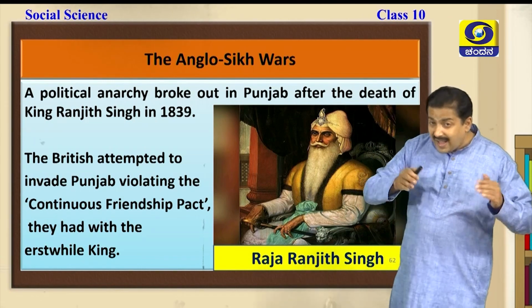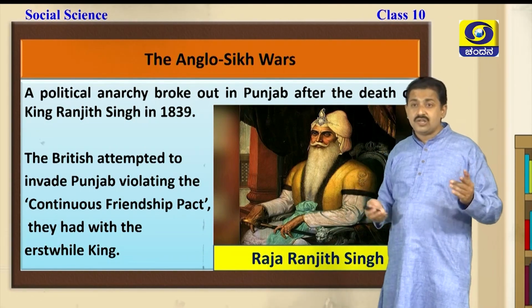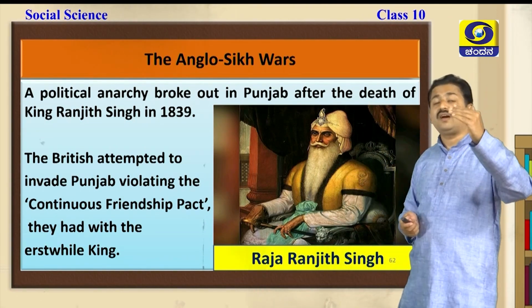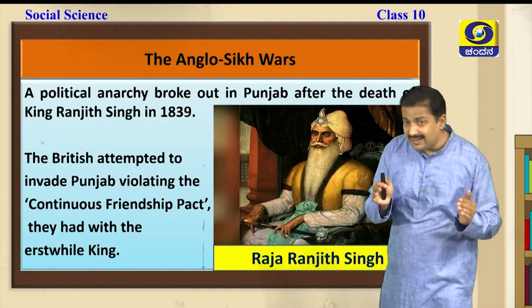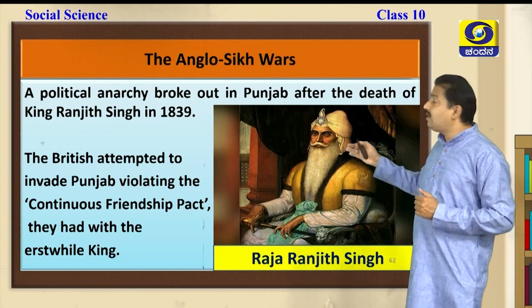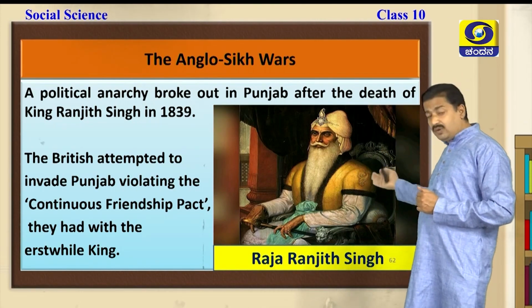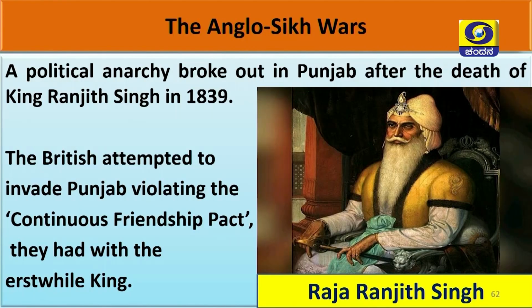A political anarchy broke out in Punjab after the death of Raja Ranjit Singh in the year 1839. Till 1839, Raja Ranjit Singh was ruling Punjab, and the British and Raja Ranjit Singh maintained a good friendship.